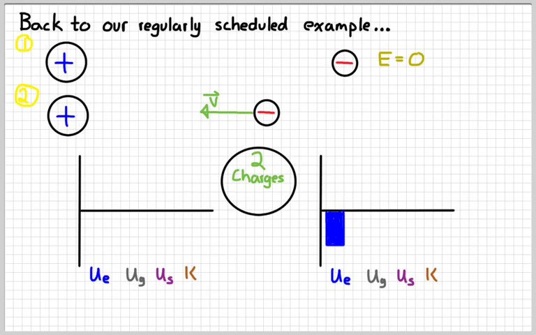As it moves closer, we lose electrical potential energy, so that goes into the negative, and we gain kinetic energy, so that goes up in the positive. If we look at that graph down here, the total energy of the system is still 0, just like it was over here.